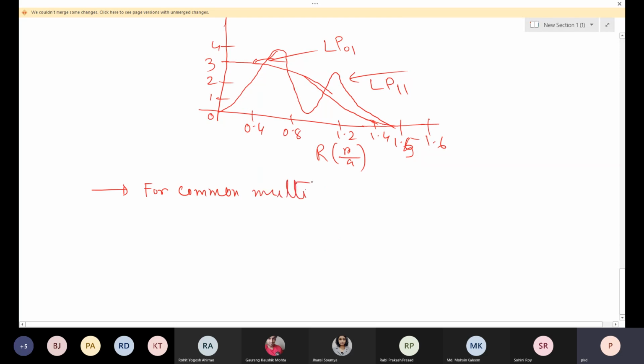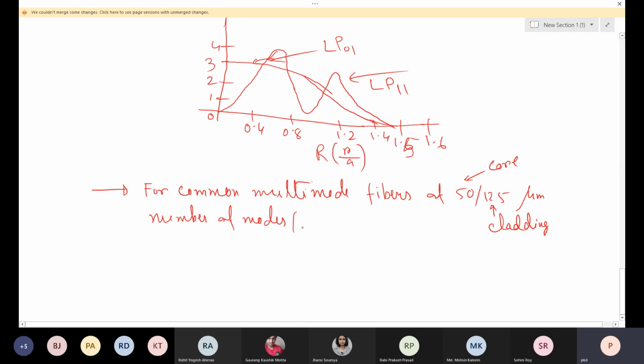For common multimode fibers of 50/125 micron, that is, 50 micron is the core and this is the cladding, the number of modes, that is the number of maxima and minima, can be as high as 50, 100 or more than 100 also.